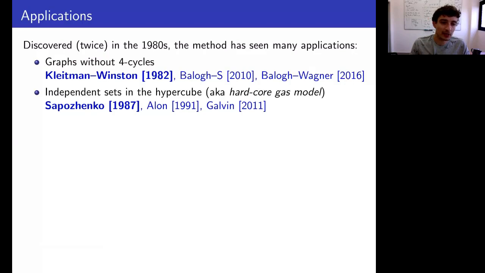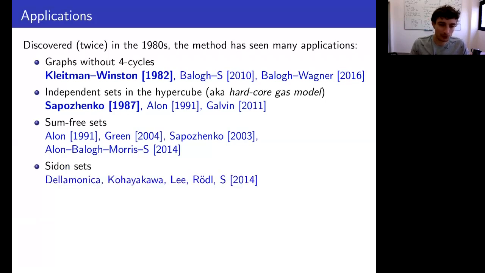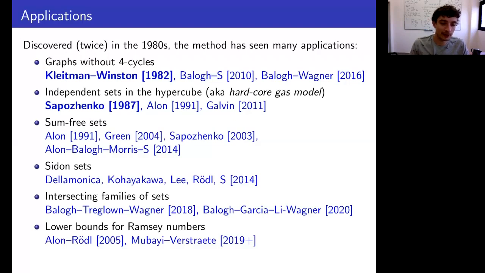Also to study independent sets in the hypercube, which in physics is sometimes called the hardcore gas model. It was also used to study sum-free sets and Sidon sets, which are two topics in additive combinatorics, intersecting families of sets, and more lately, it was a helpful lemma for obtaining stronger lower bounds for Ramsey numbers.